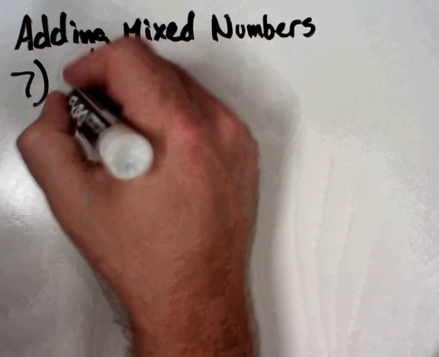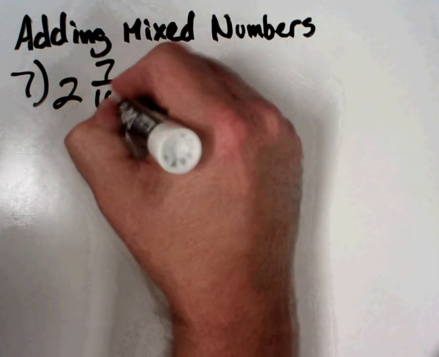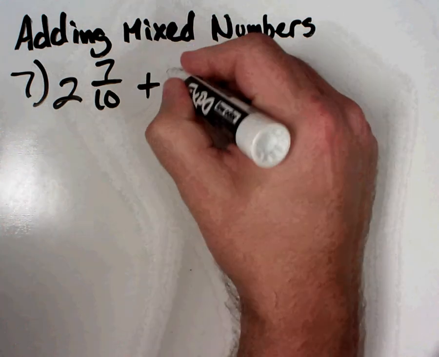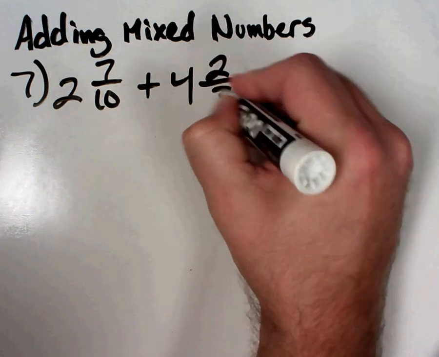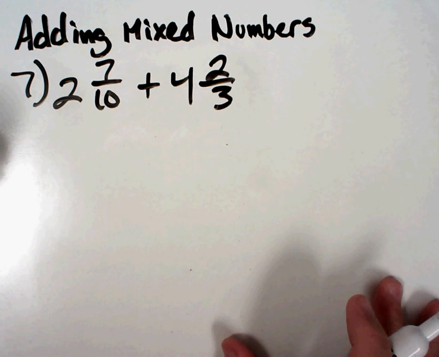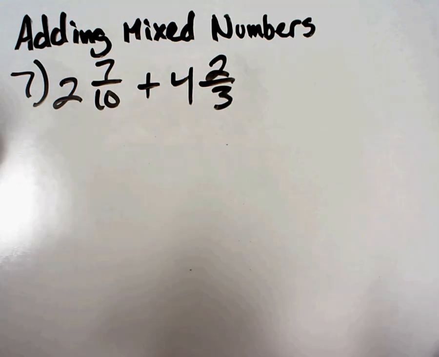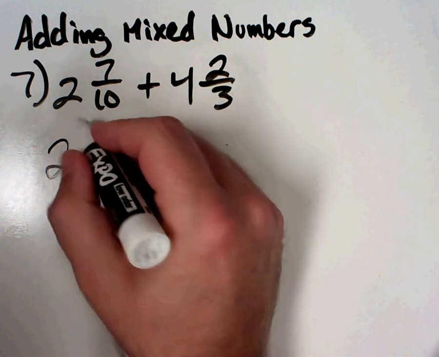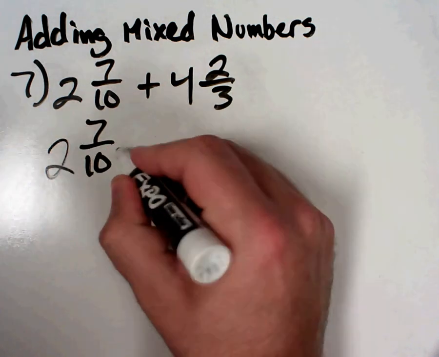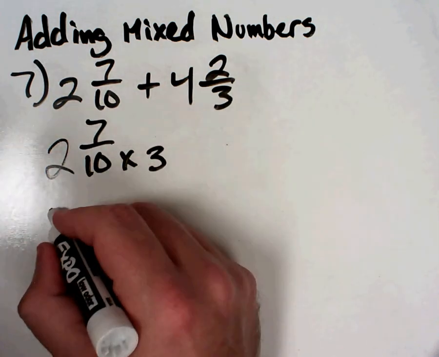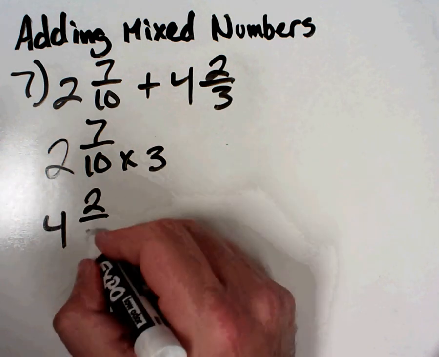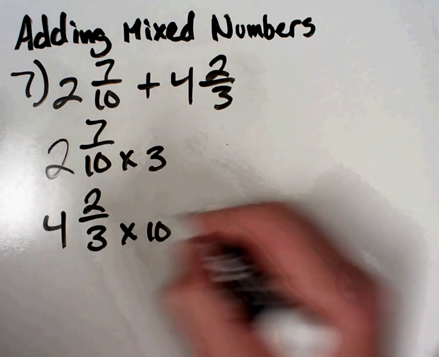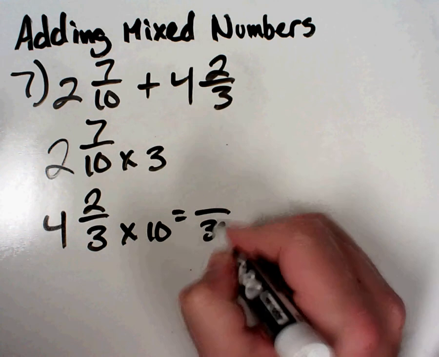So number 7 is 2 and 7/10 plus 4 and 2/3. All right, I'm going to multiply my denominators. So my common denominator is 30.